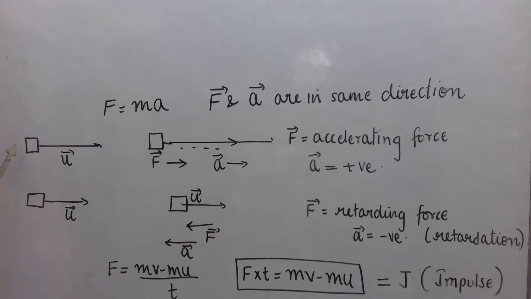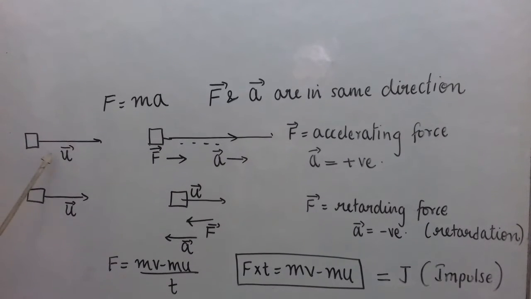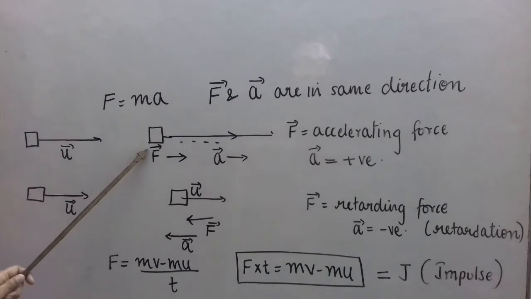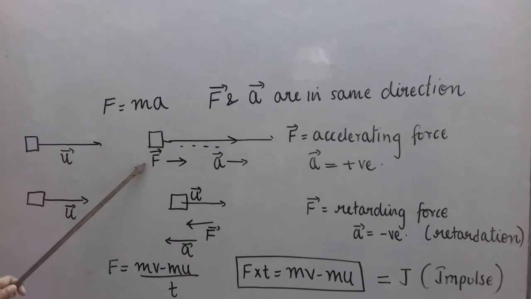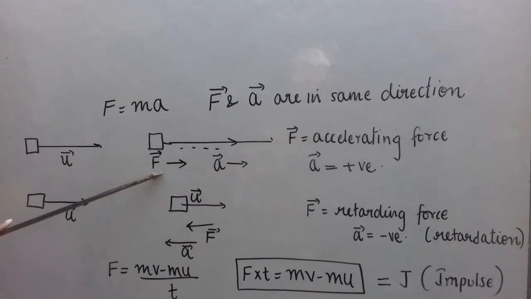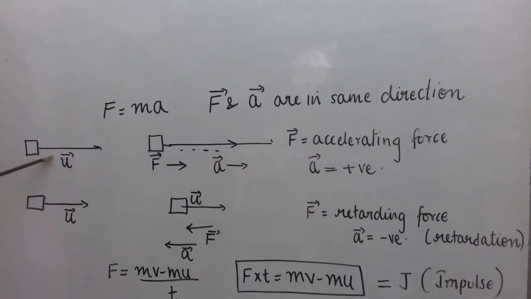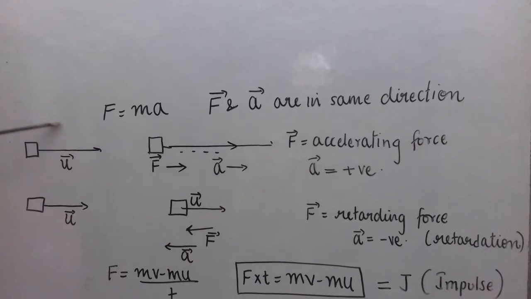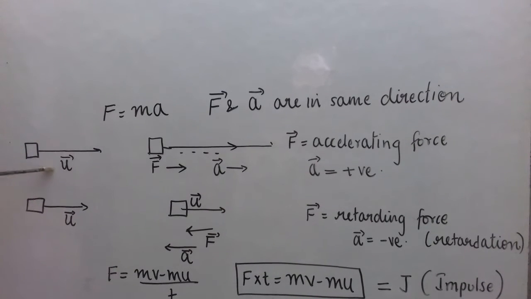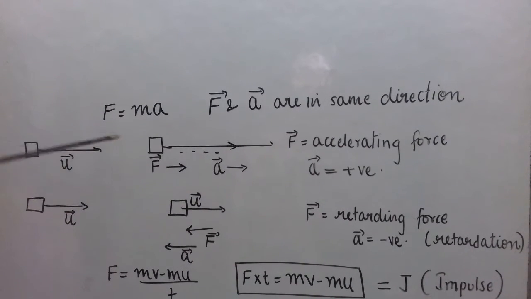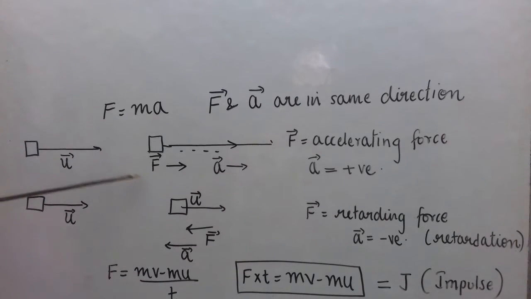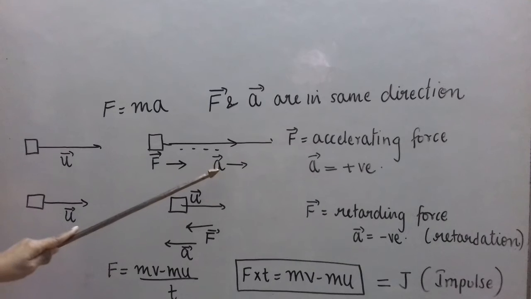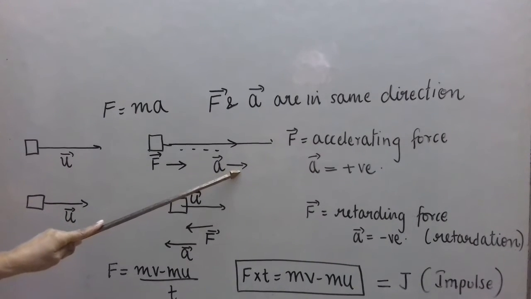So suppose a body is moving initially with some velocity u and a constant force F is applied on it for some time. If the force is applied in the same direction as the motion of the body, as the body was moving in this direction initially, so the initial velocity was also in this direction, then obviously from this expression we know that acceleration is also in the same direction.